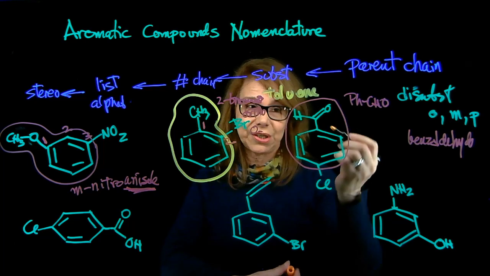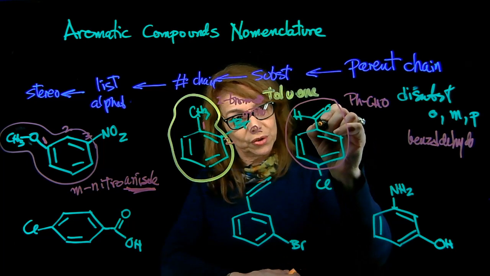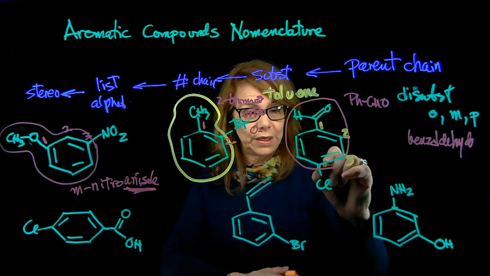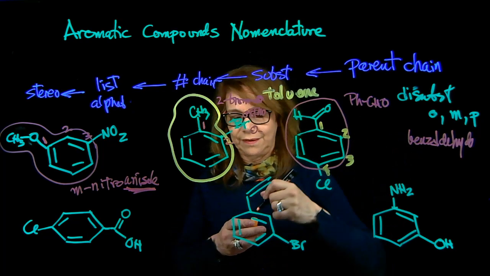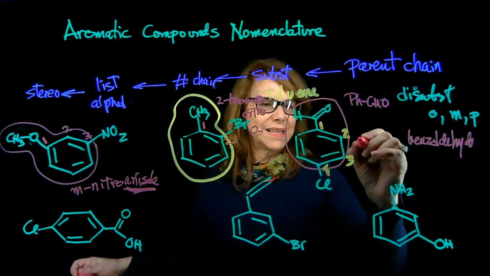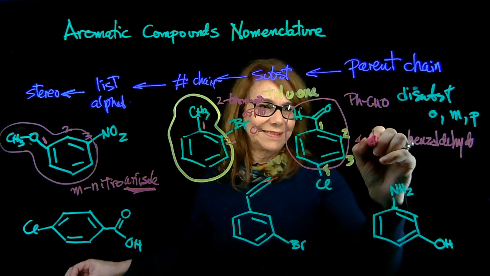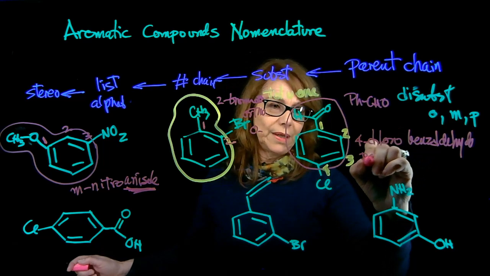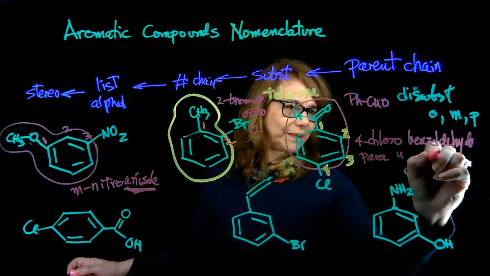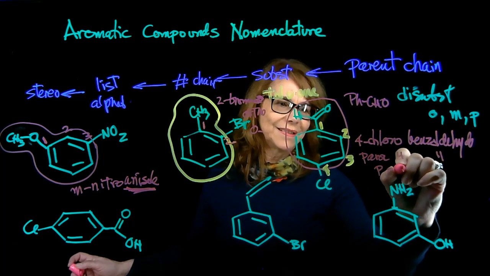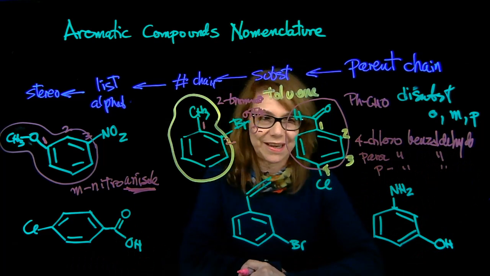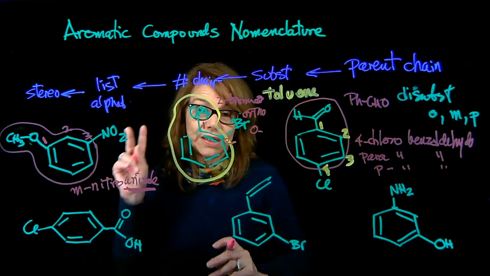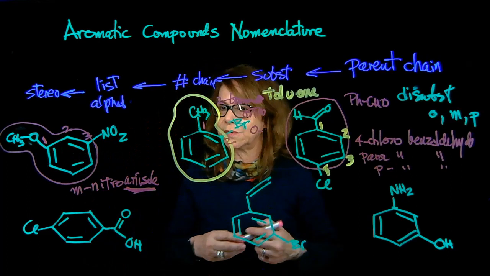So I need to number the chain, and I will give my functional group here the highest priority. So it's 1, 2, 3, 4. So this is 4-chlorobenzaldehyde, or we can also say para-chlorobenzaldehyde or p-chlorobenzaldehyde. Same. Again, ortho, meta, or para is used when you have only 2 substituents on the benzene ring.